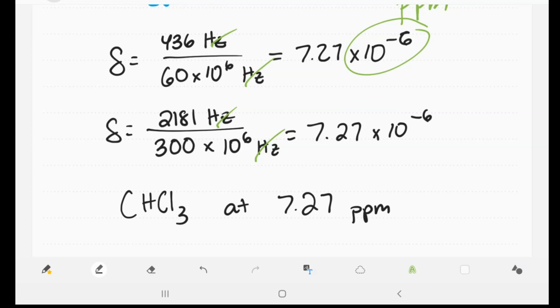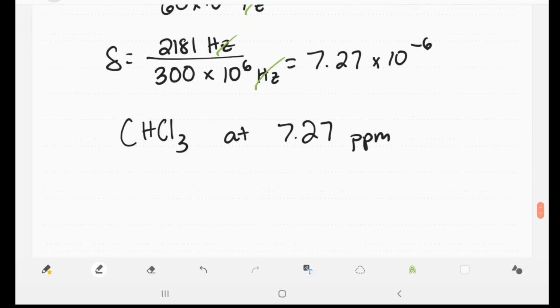So you might be asking, why is it important to use a more expensive instrument if everything shows up at the same place? Well, we'll see that later. We'll address that later on. But let's take a look at factors influencing the chemical shift.